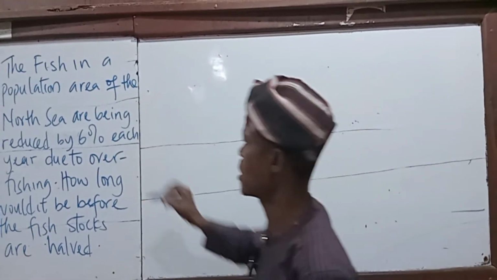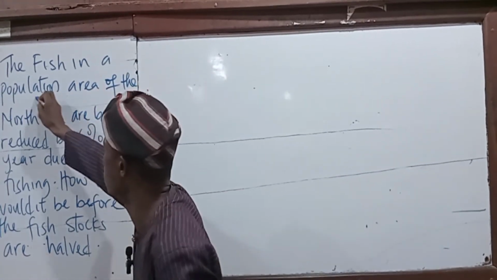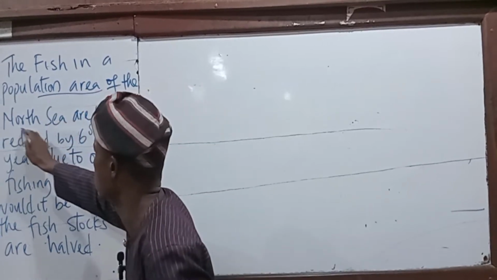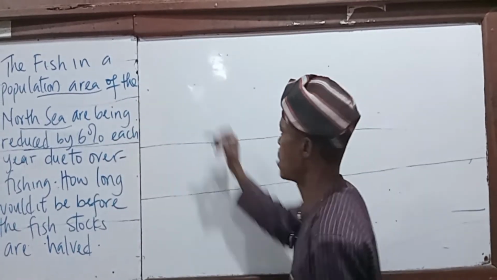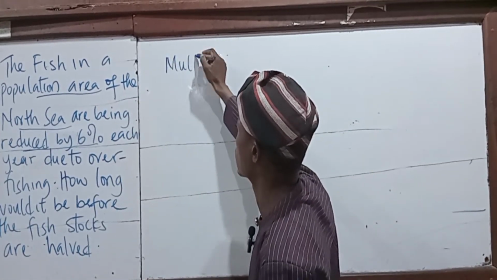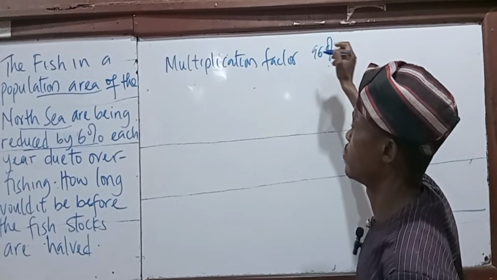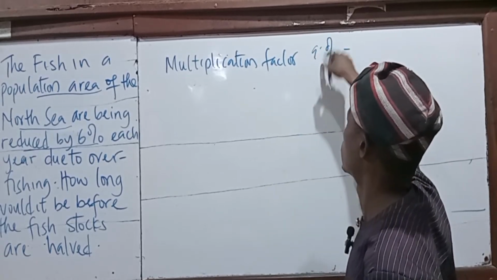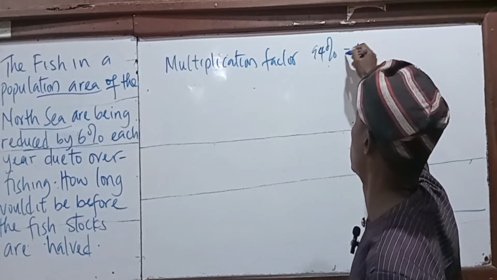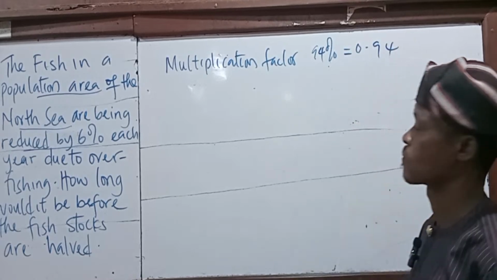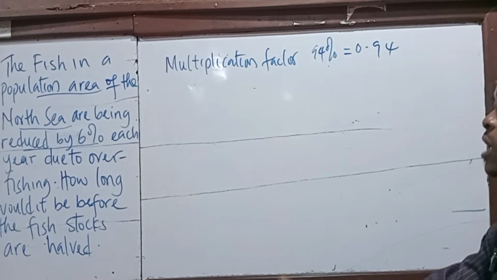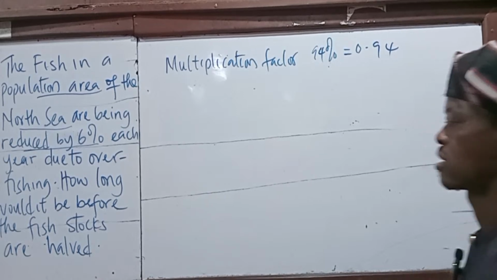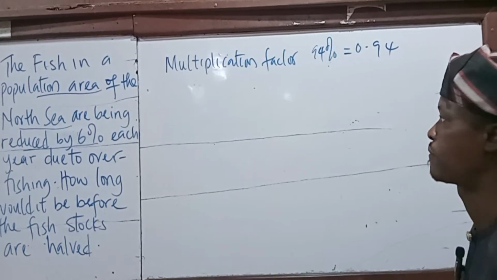The fish population is being reduced by 6%, so that means the multiplication factor is 100 minus 6, that's 94%, which is 0.94. How long will it be before the fish stock is half?